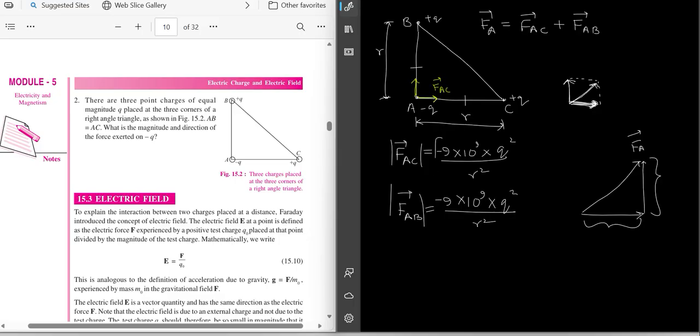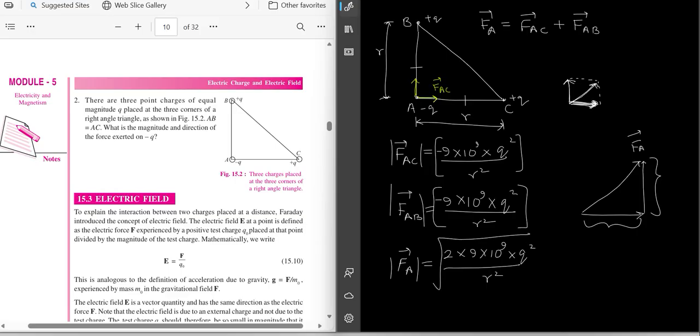So the magnitude of the net force on A is the square root of the sum of squares. The negative sign will go off when squared, so it will be 2 into (9 into 10 raised to 9) whole square into q raised to 4 upon r raised to 4, under the square root, so it will be nothing but 9 into 10 raised to 9 into q square upon r square into root 2.